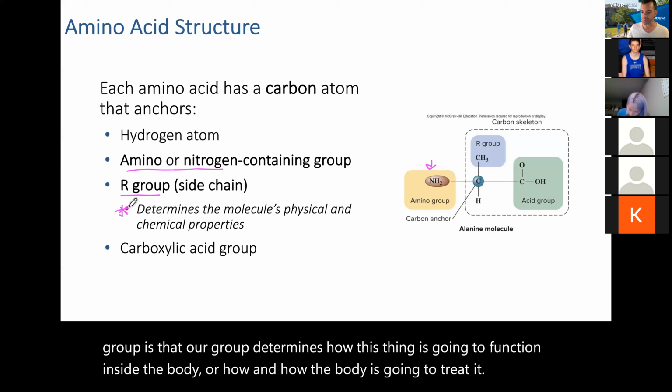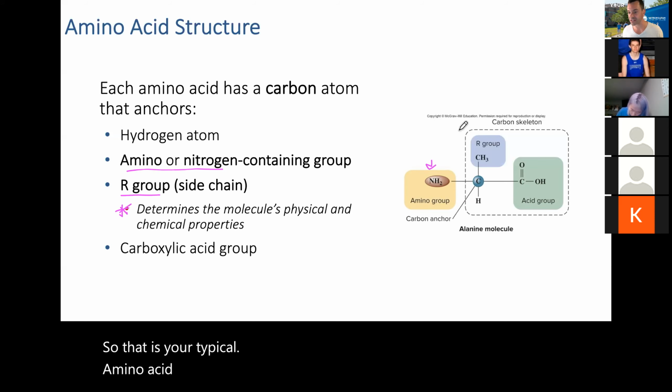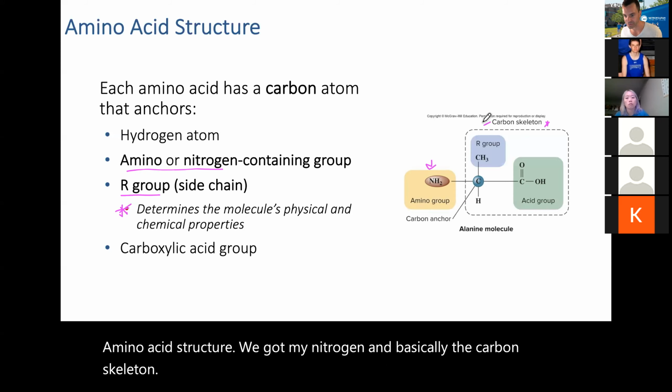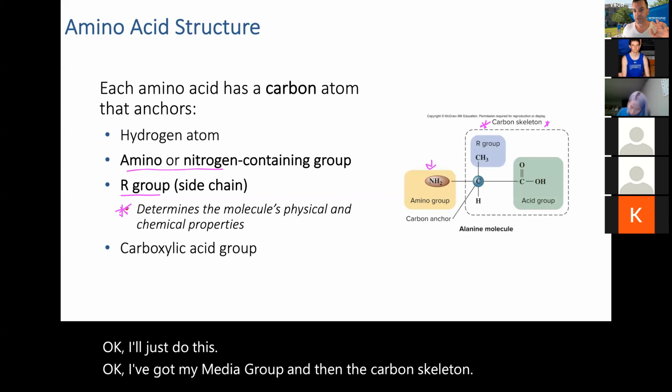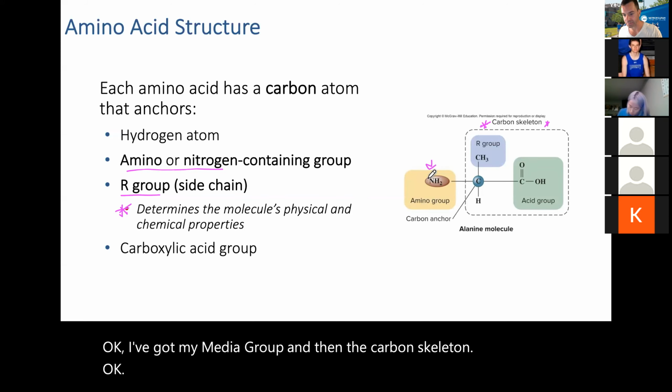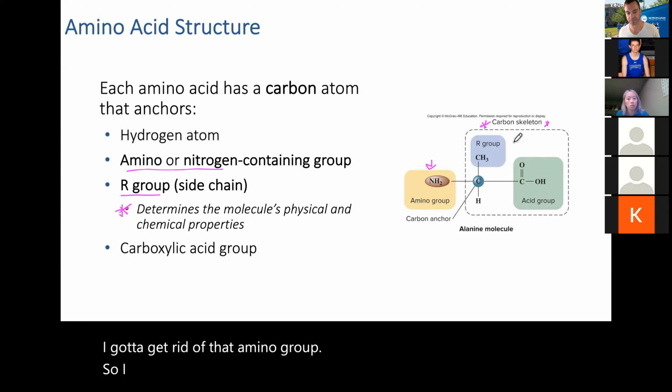So that is your typical amino acid structure. We've got my nitrogen and basically the carbon skeleton. Okay, I've got my amino group and then the carbon skeleton. Spoiler, I got to get rid of this thing. I got to get rid of that amino group so I can utilize the carbon skeleton.